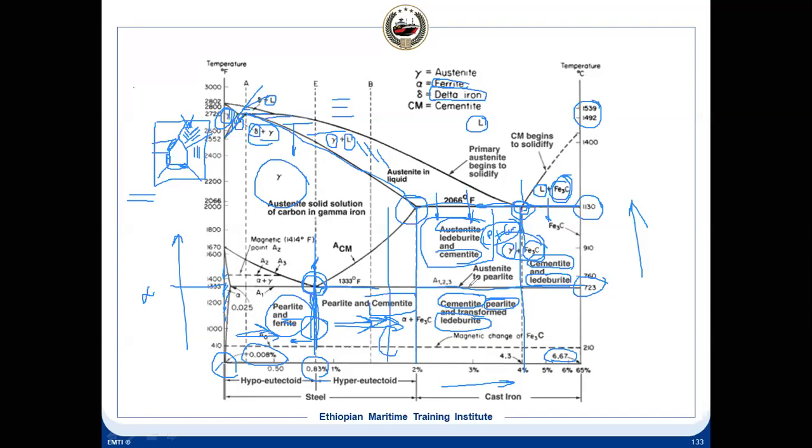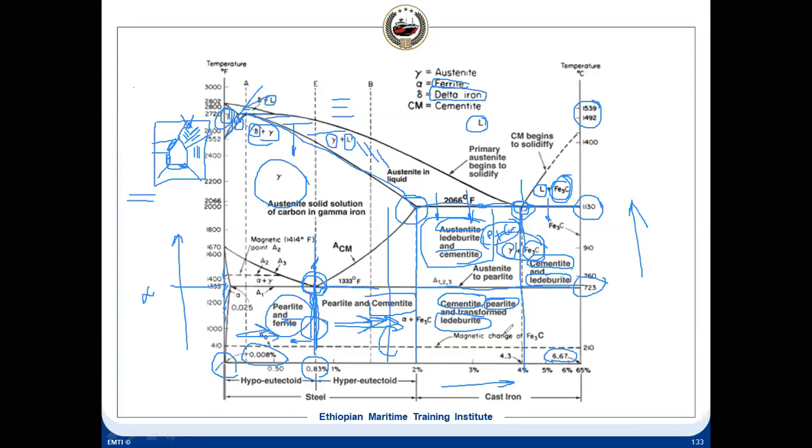So austenite will transform into cementite and pearlite. Cementite was there, and pearlite it will transform into, and then there will be transformed ledeburite. Ledeburite is the mixture of pearlite and cementite. So we can see that some of the austenite has transformed into ledeburite.